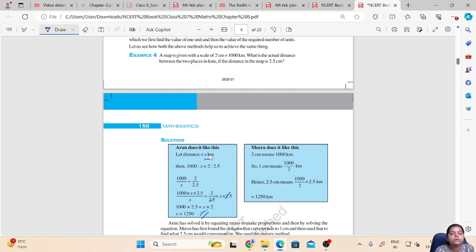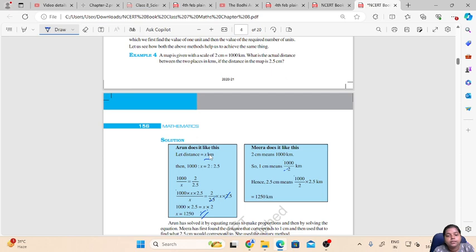And according to Meera, she solved with the unitary method, that means directly. So here 2 centimeter means 1000 kilometer, that they have given. So 1 centimeter means how much, that she is finding. She divided this 1000 by 2, and that is equal to 1 centimeter.